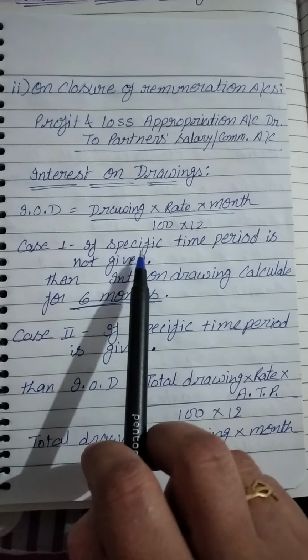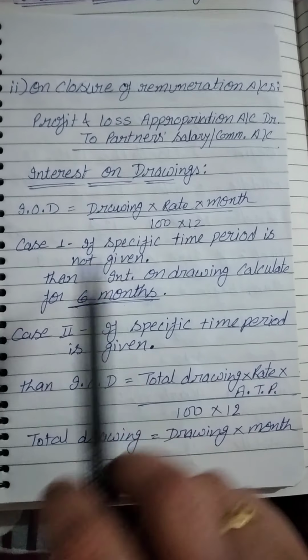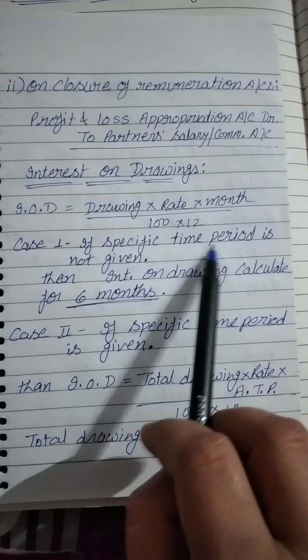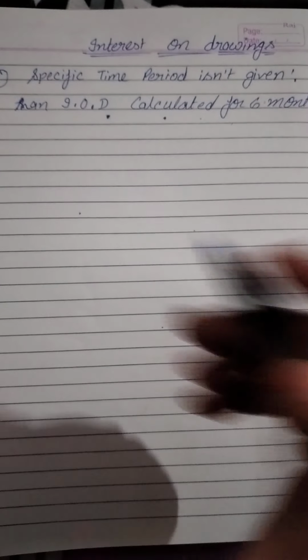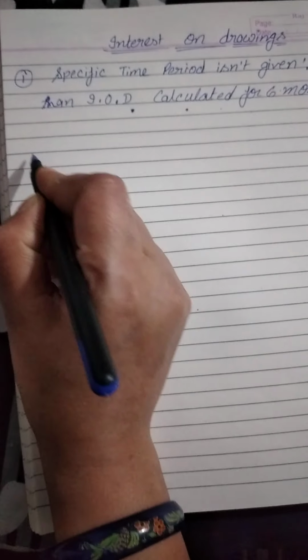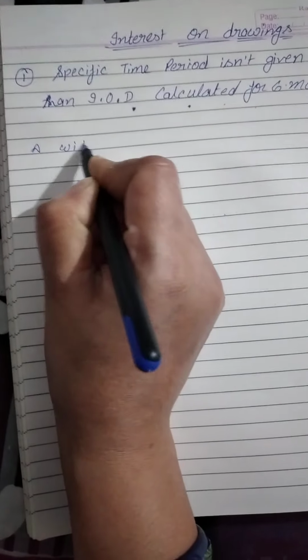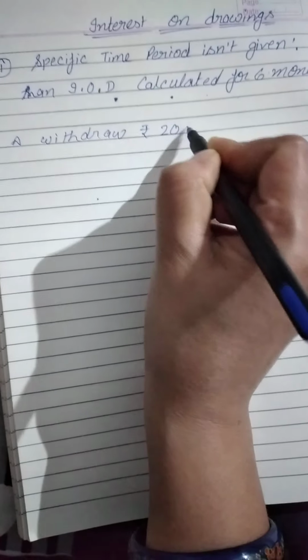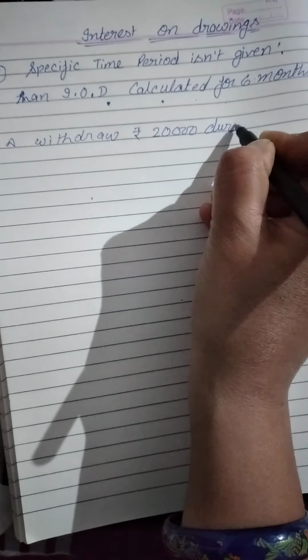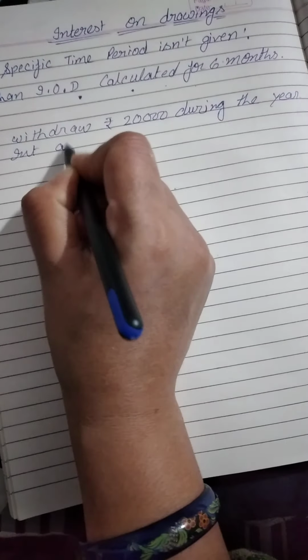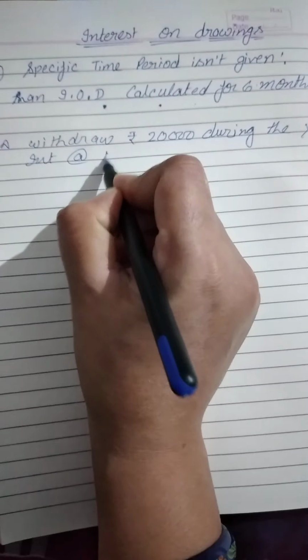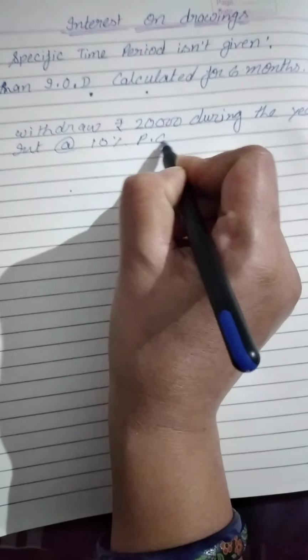Case 1: if a specific time period is not given, then interest on drawing is calculated for 6 months. For example, A withdraws rupees 20,000 during the year, interest at the rate of 10% per annum.